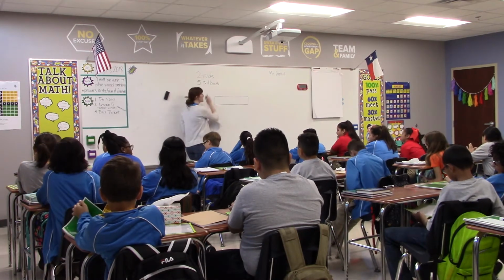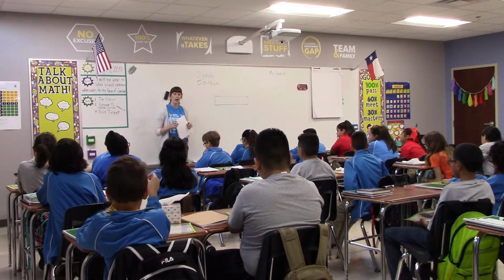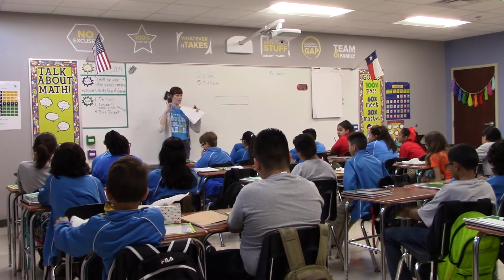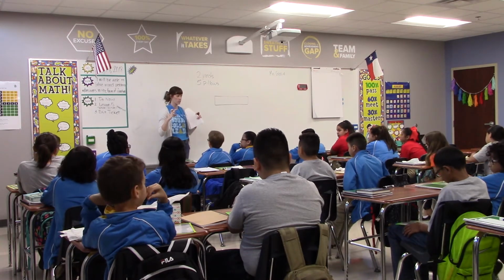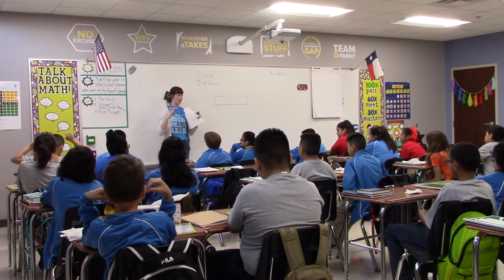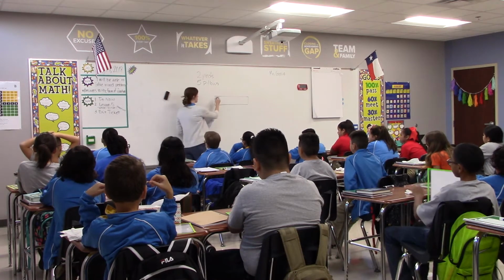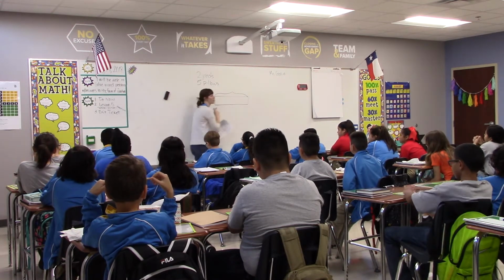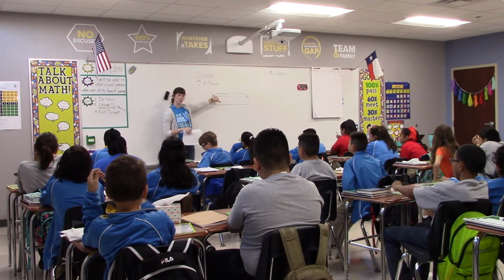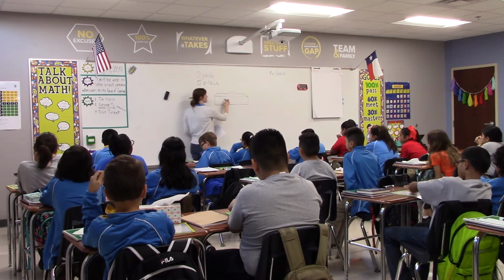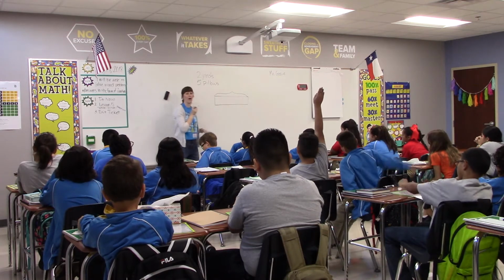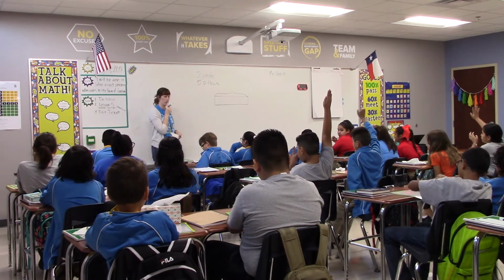Okay, because our tape diagram is not worth only one whole, we have to label it. Eyes on. We have to label it. This is how we label it. We use what's called a bracket. This is a bracket. What is the total amount of fabric I have, Mario? 2 yards.